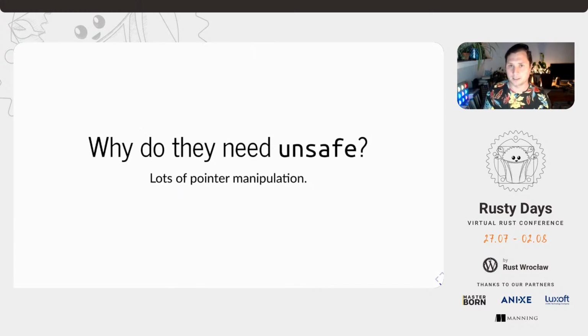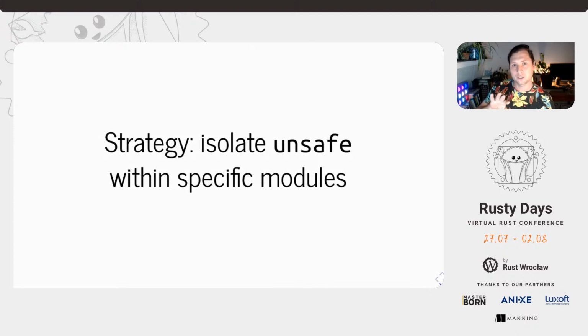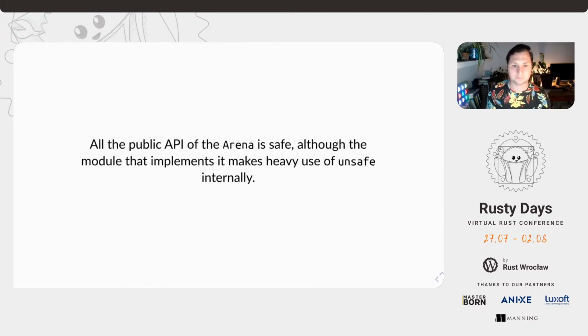Now, why do they need unsafe? Well, if you're dealing with memory blocks, you probably need to deal with pointers, and that means that you need unsafe. And so their strategy has been to push every usage of unsafe into one specific module, which happens to be arena.rs.